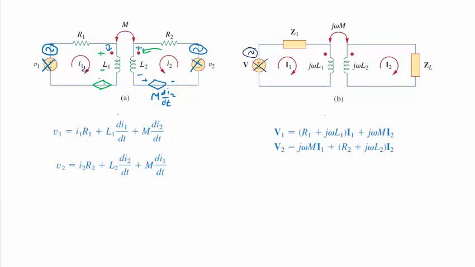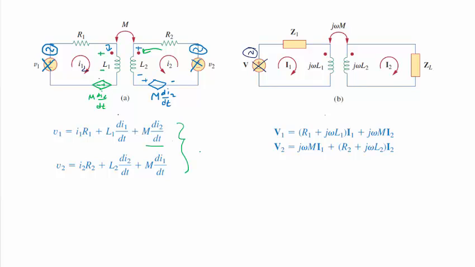That's positive, negative, and so I'm writing a loop around here, and I get, here it is, the plus M dI2/dt. And now I have two coupled differential equations, two equations and two unknowns.